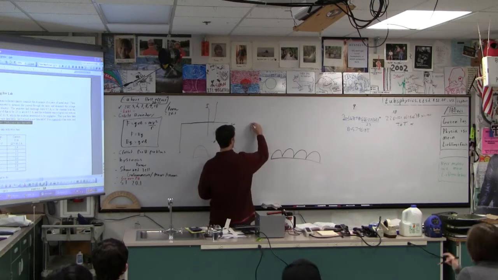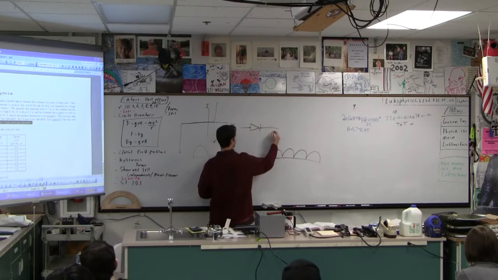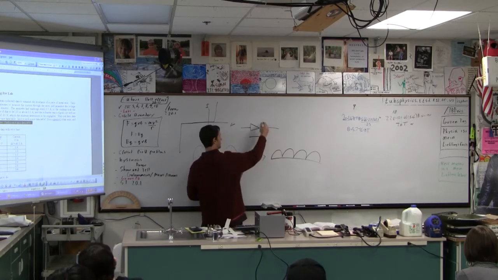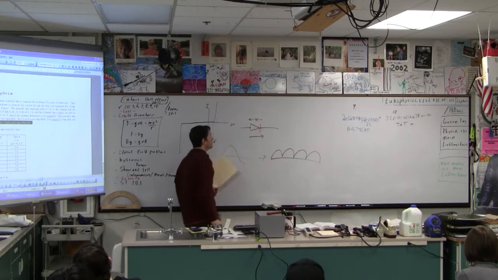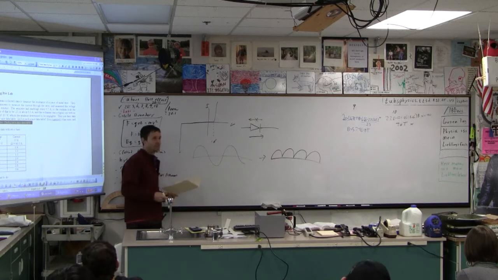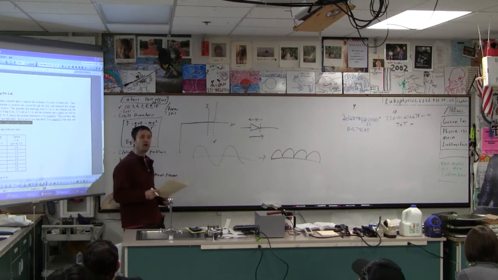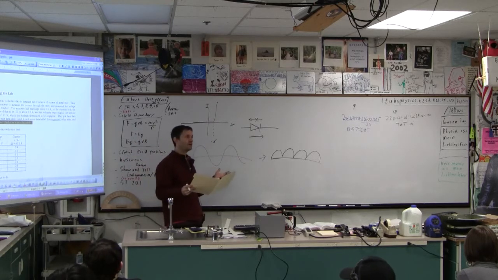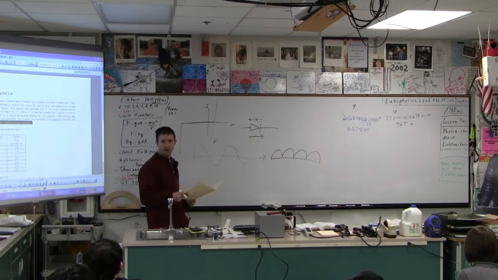The symbol for a diode is this, like that. Current can flow this way, current cannot flow this way through a diode, hence the symbol. If you draw that, you could draw a circuit. It's called a full wave bridge rectifier, and it takes 4 of those. That's kind of cool. So anyway, that's what you can do.